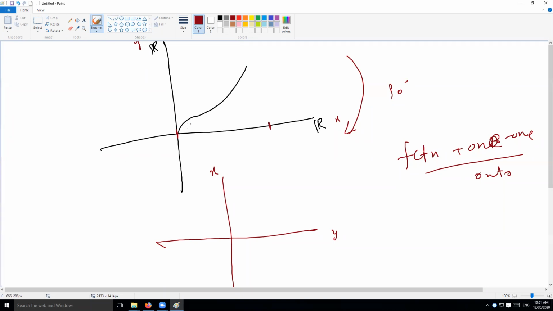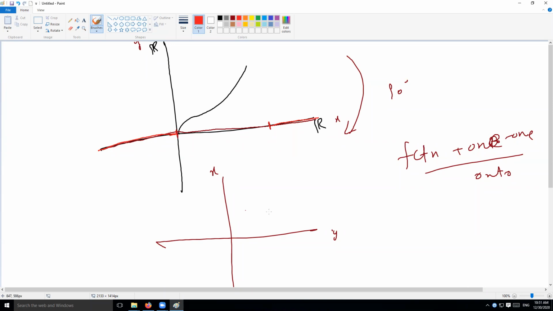But what if I take this entire line as the domain of the function, okay? And I say that on this interval its behavior is this, but on the rest of the points it is 0. It is 0, okay?